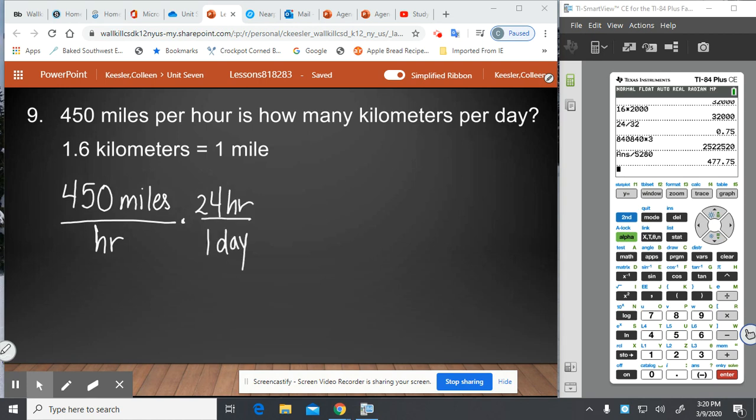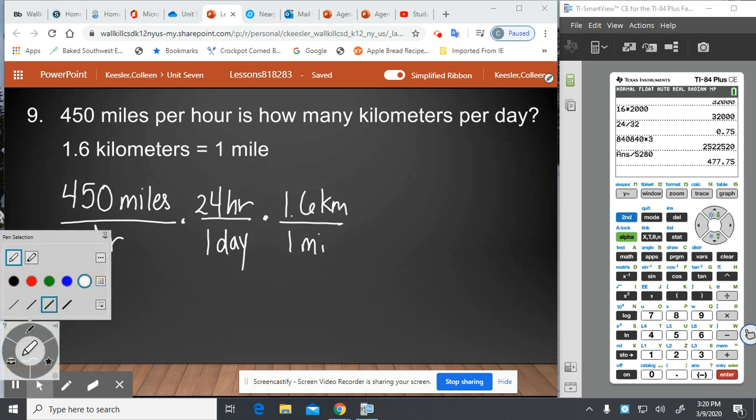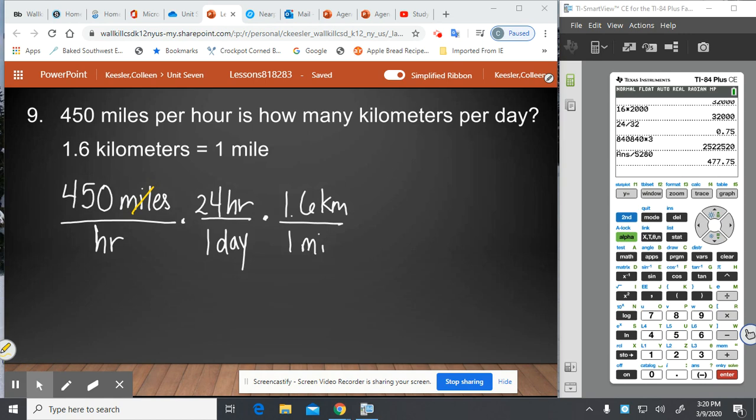That's going to allow for the hours to cancel out. And we also want the miles to cancel out. So we're going to put 1.6 kilometers over 1 mile. And since we have miles diagonal and hours diagonal, we can cancel them out. Miles cancels with miles over here. Hours cancels with hours over here. And we're left with kilometers per day.